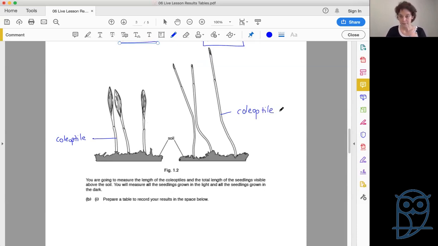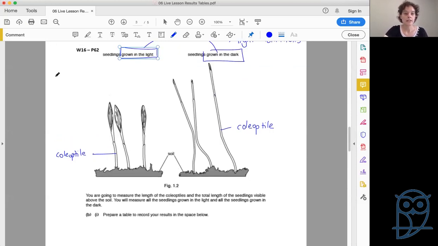Okay, so this one is one where we are actually going to use our ruler and measure. So this is another type of question. Okay, in this one, you're going to measure something yourself.